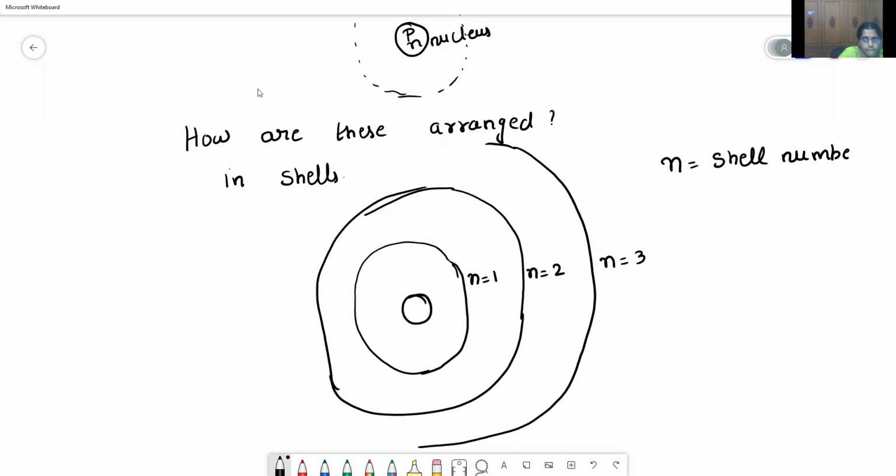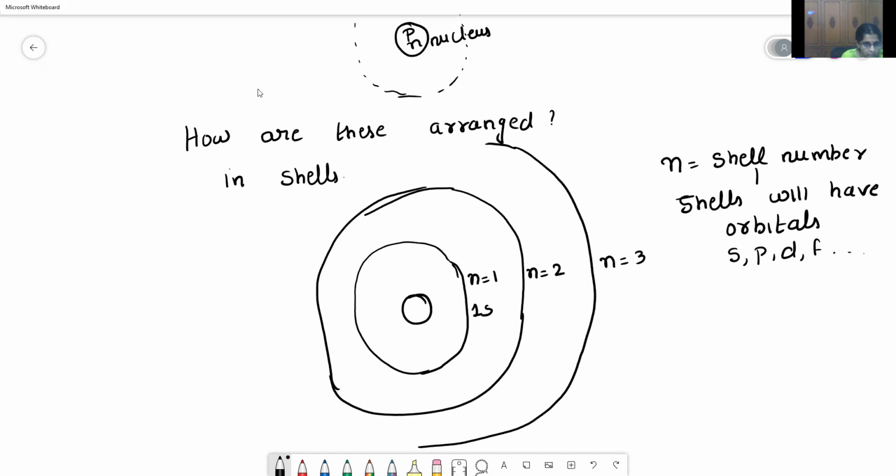Now these shells have orbitals. Orbitals are named s, p, d, f and so on. The first shell will have only one s orbital.